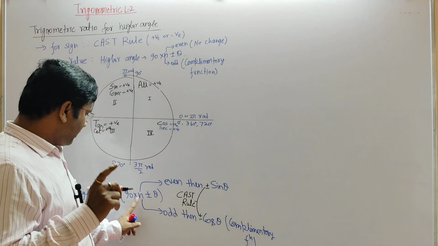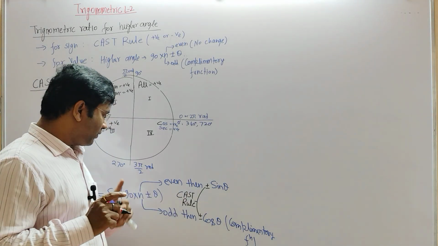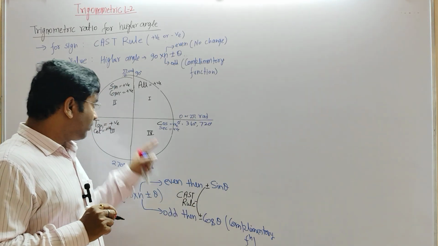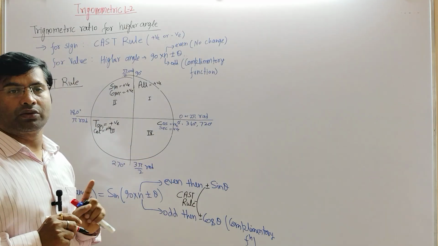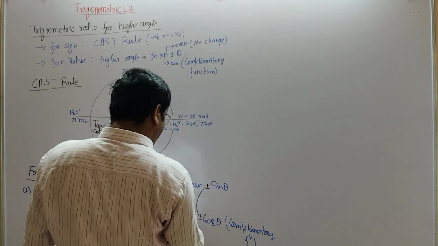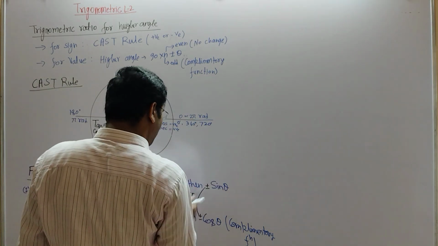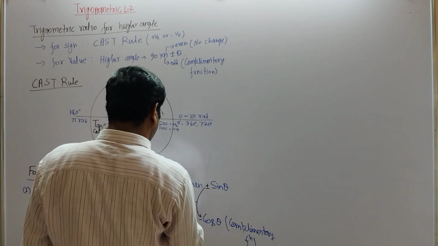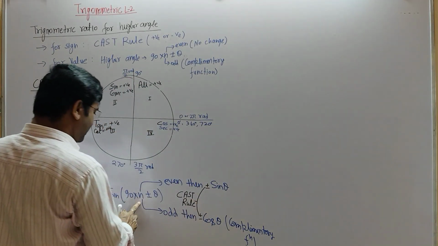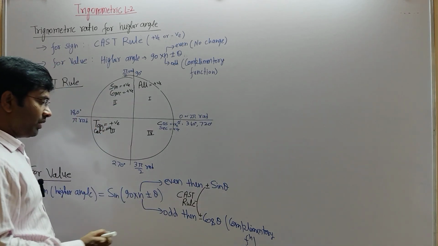If n is even, sine will remain sine. Positive or negative is decided on the basis of the CAST rule. Here n is even, or zero also we can say, then it will remain the same. If n is odd, it will convert into the complementary function.